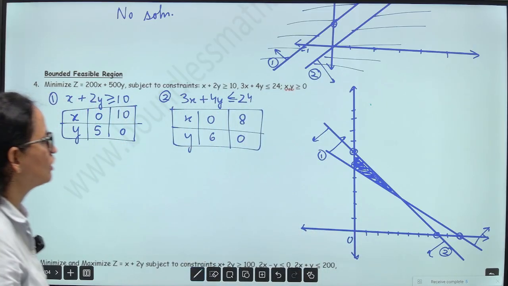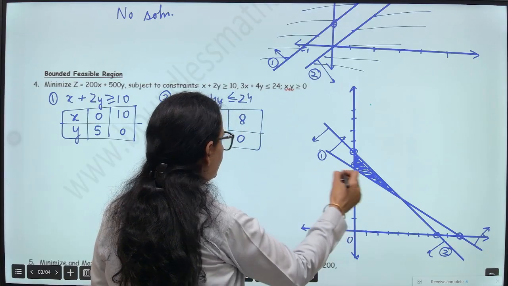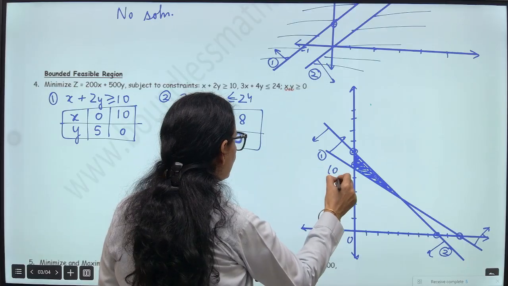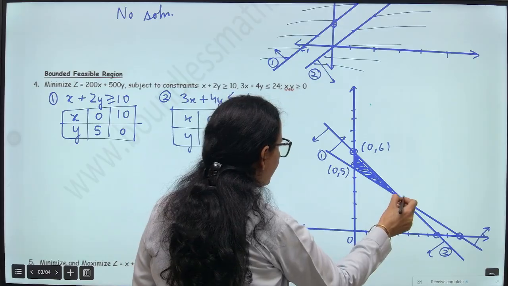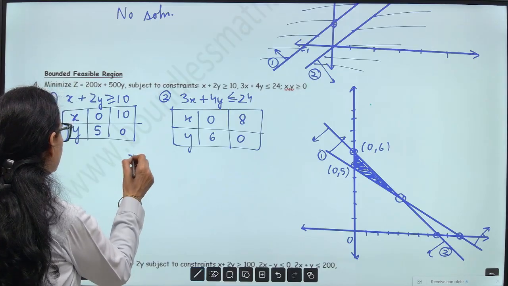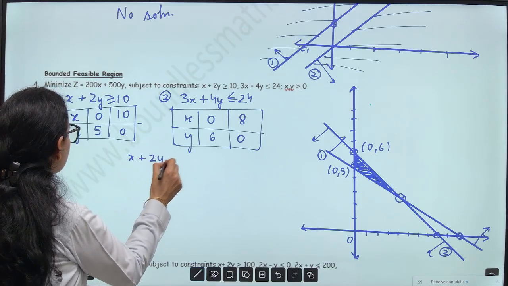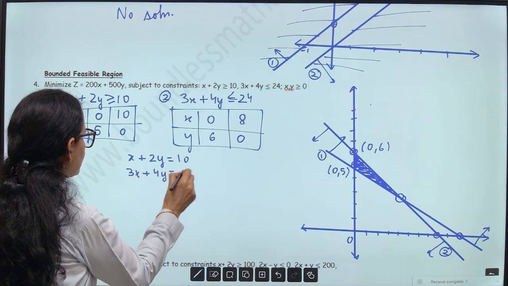Now if I look at the corner points, I know the coordinates of two of these corner points. It is 0, 5 and this one is 0, 6. But for finding the third corner point, I need to solve both the inequalities algebraically. So what do I do? X plus 2y equals 10 and this is 3x plus 4y equals 24.